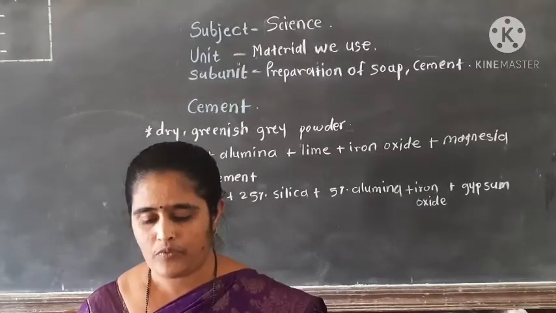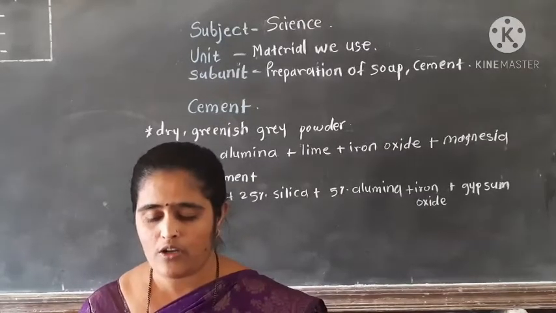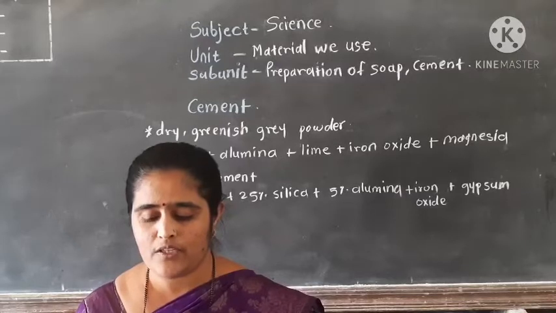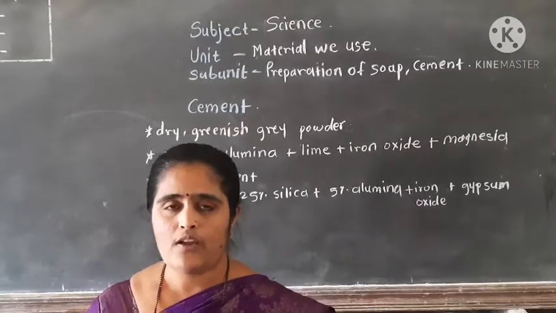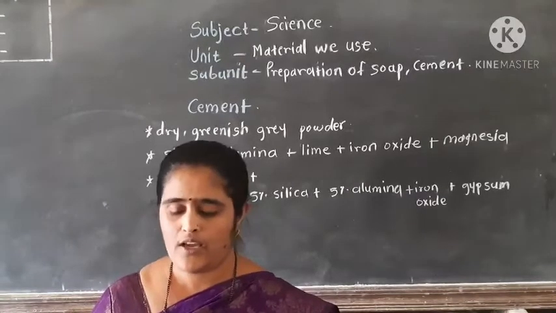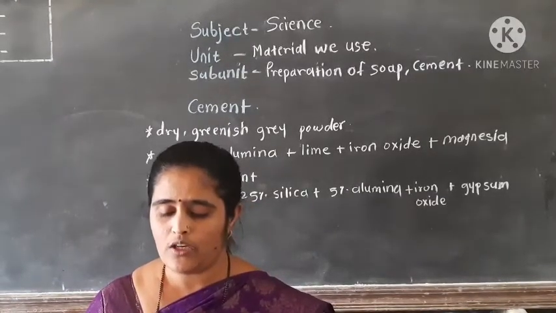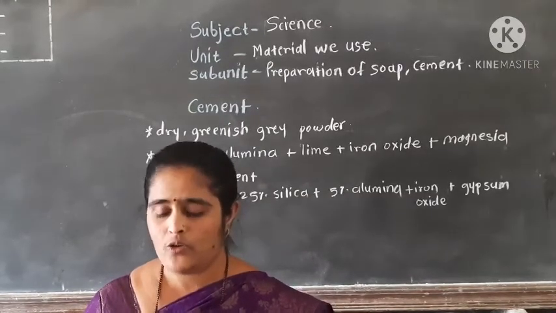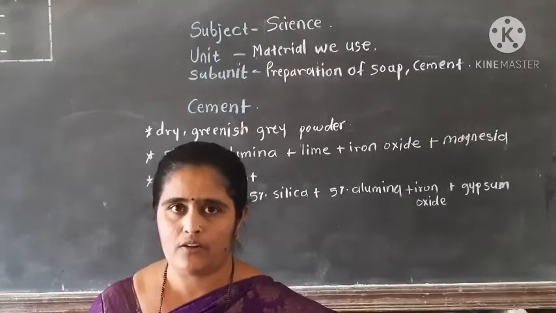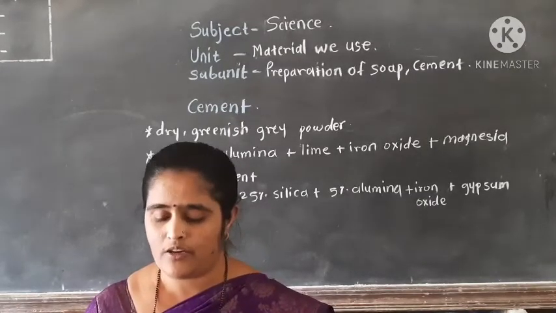The first question is: the substance that helps water to remove dirt from the surface of a material is called dash dash. Your answer is detergent. The answer to the first question is detergent.